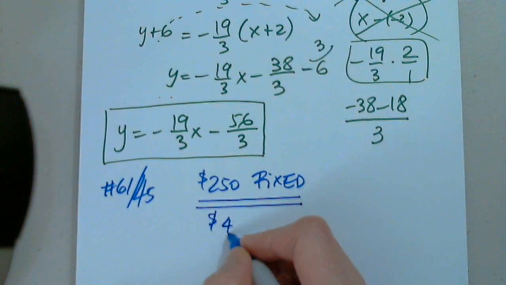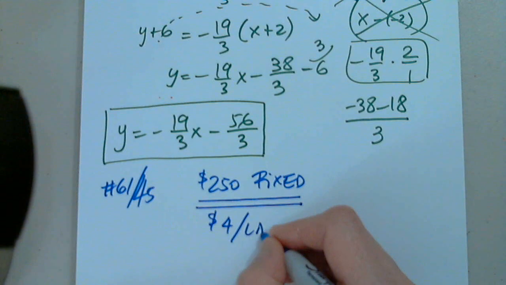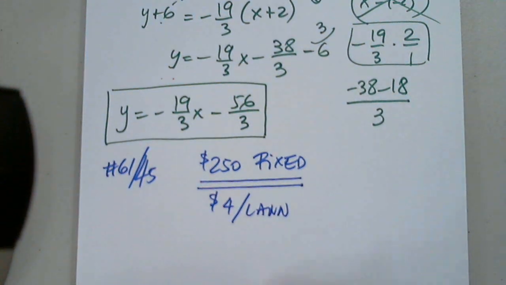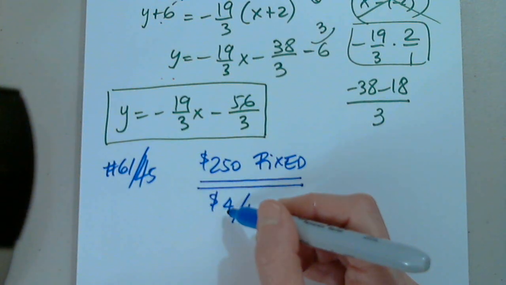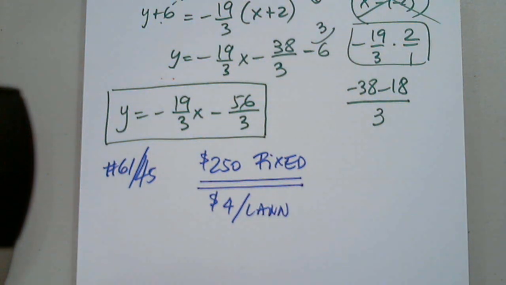But then also $4 per lawn. It's in maintenance of the equipment and electricity. So now I'm sharing the screen again. Formulate a function C of x, cost of x, for the total cost of mowing x lawns.